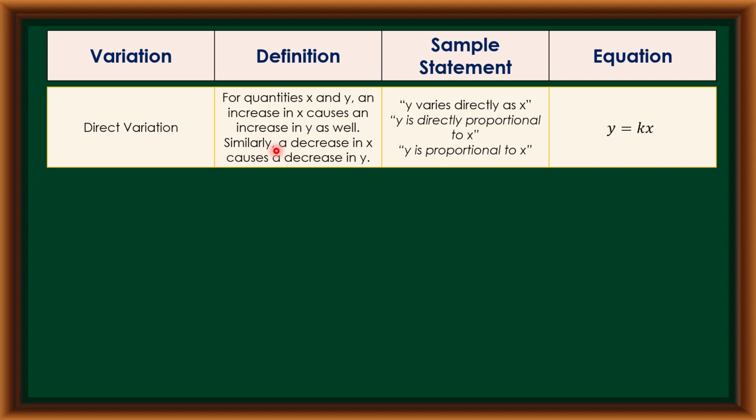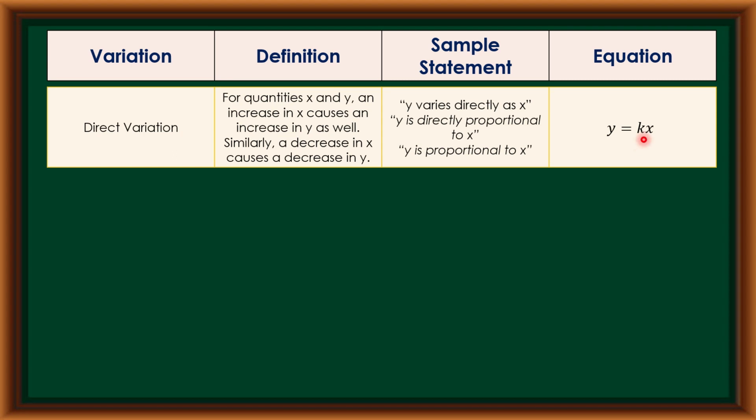Similarly, a decrease in x causes a decrease in y. The sample statements are: y varies directly as x, y is directly proportional to x, and y is proportional to x, which means y is equal to k times x for its equation, in which k is the constant of variation and cannot be equal to 0.